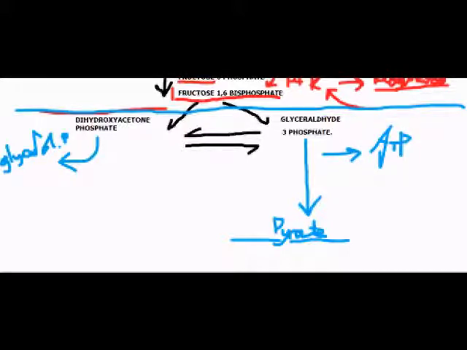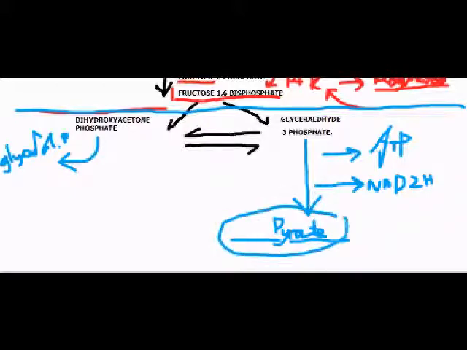The most significant one to remember is that there is a liberation of ATP and the production of NAD(2H). NAD2H is a hydrogen carrier which enables the energy to be utilized in the body.